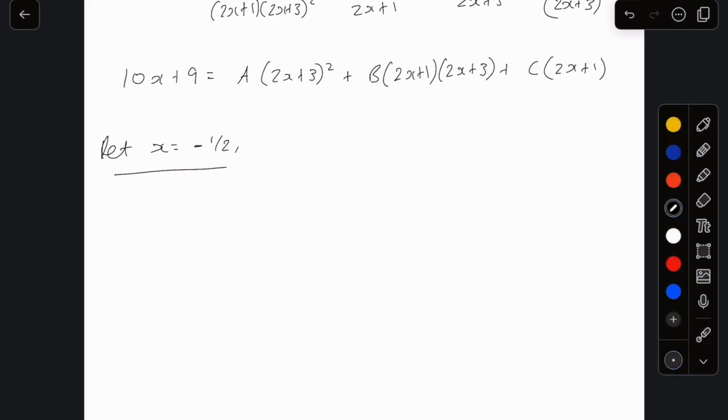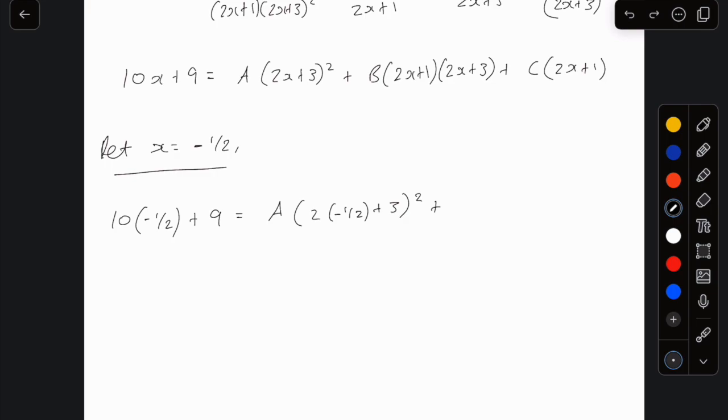So what we get then is 10 times negative half plus 9 is equal to A(2 times negative half plus 3) squared plus B, well, the B is going to cancel because we're going to have 0 there. And when you put negative half into 2x + 1 solely, it's also going to give you 0.